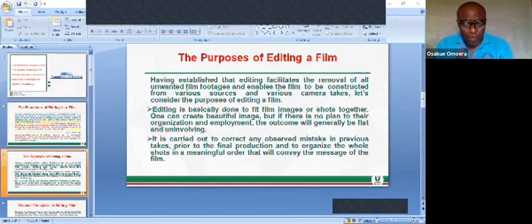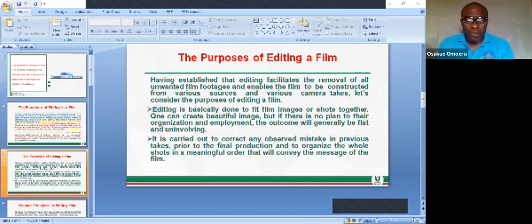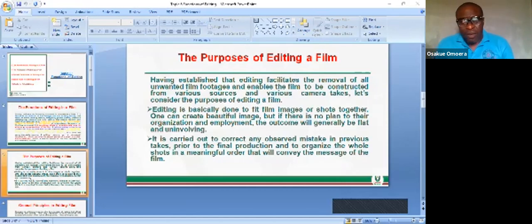We've made this point earlier that sometimes the number of takes that a filmmaker may have could be very overwhelming. But when he or she takes all these takes or shoots into the editing studio, the editor or the filmmaker, as the case may be, can look at the mistakes they may have made and correct them through the necessary cuttings.